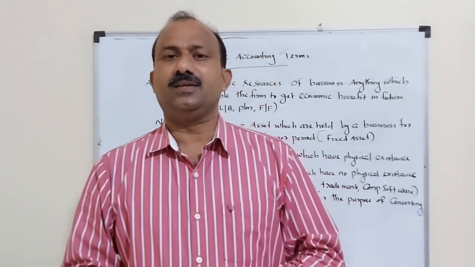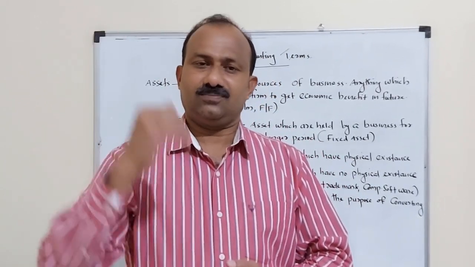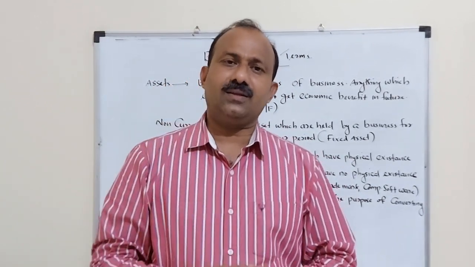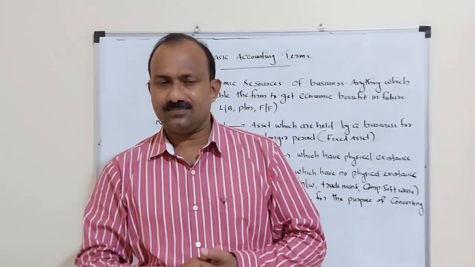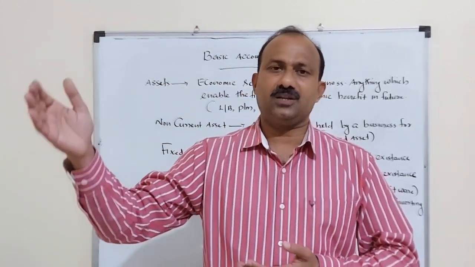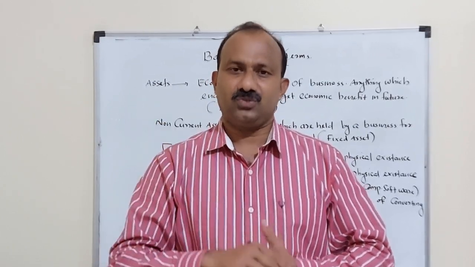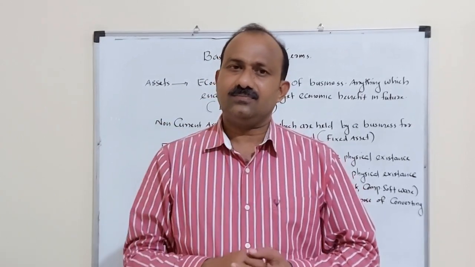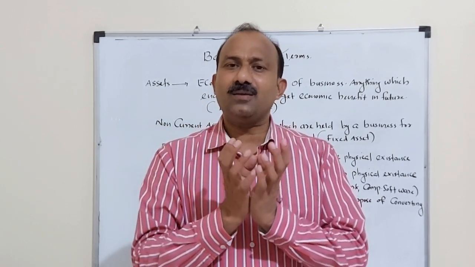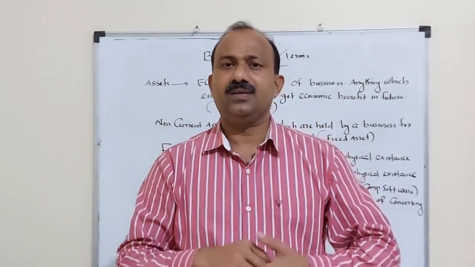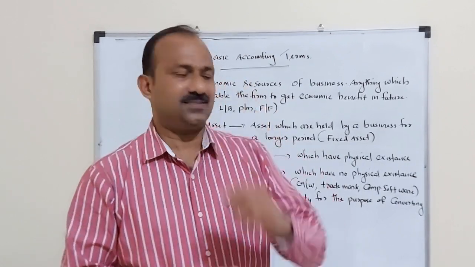If a company or organization is using the assets, we are expecting some benefit in the future. So any item from which we get some economic benefit in the future is known as an asset.